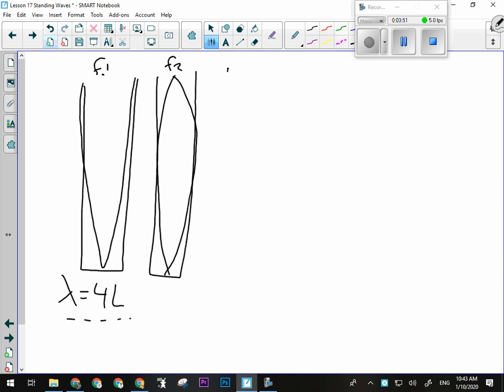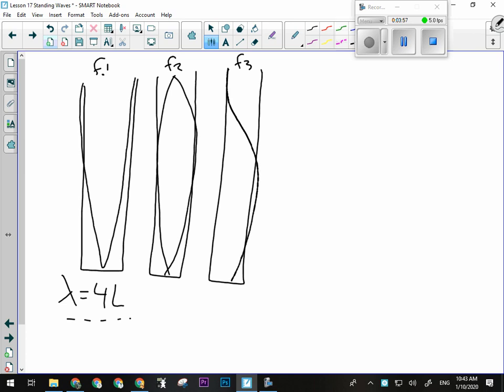At f3, I'll have this waveform in the tube. Do I hear a sound there? How many wavelengths are in the tube there? 3/4. Remember, at f1 I have 1/4, at f2 I have 2/4, at f3 I have 3/4, and so on.